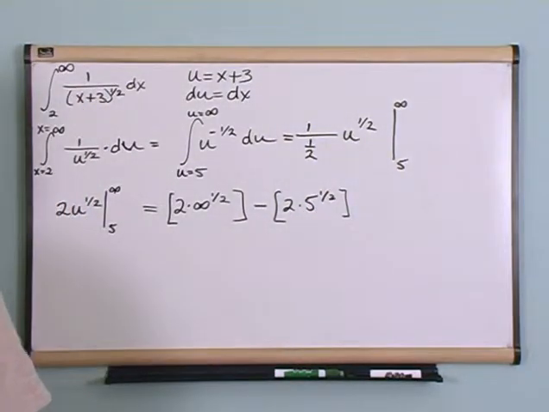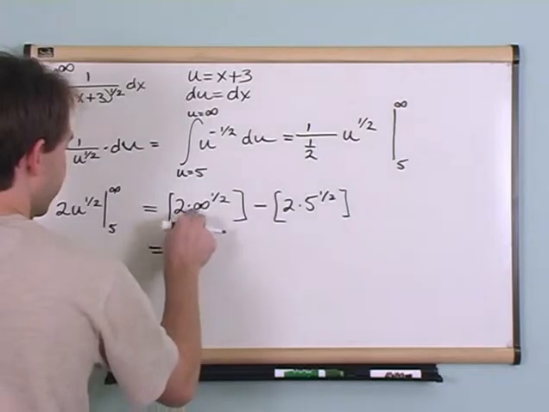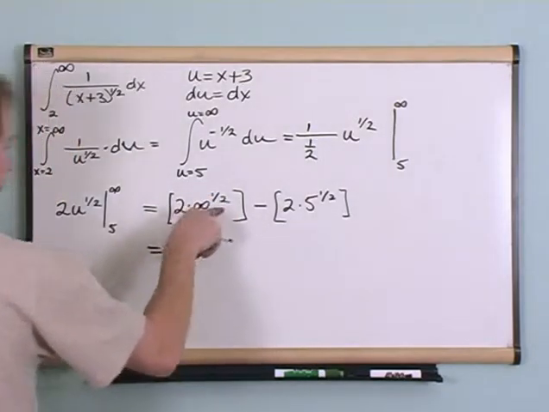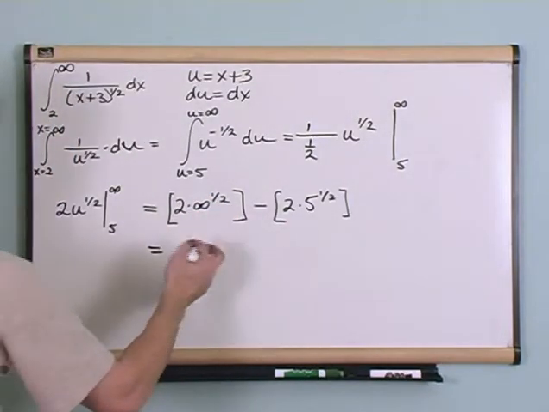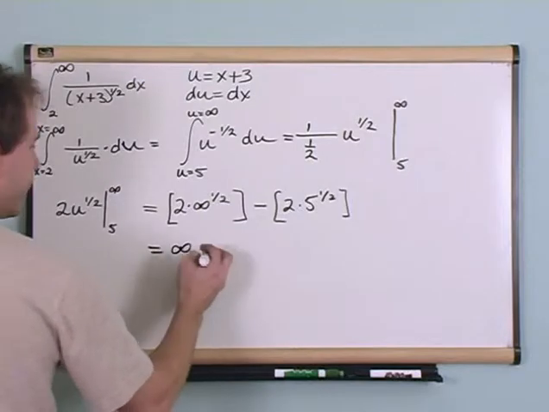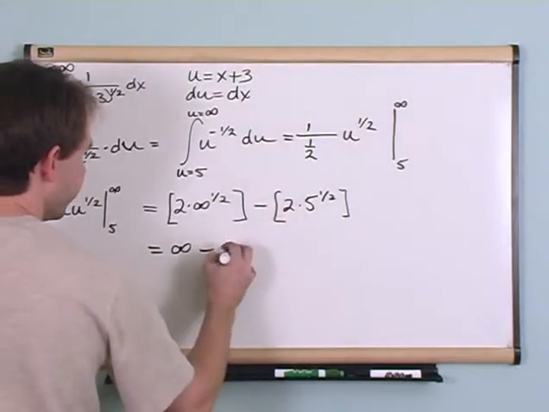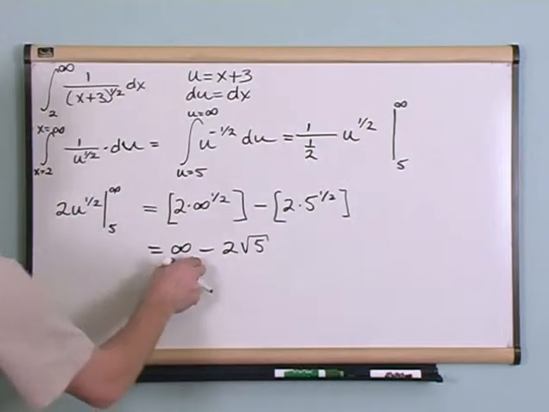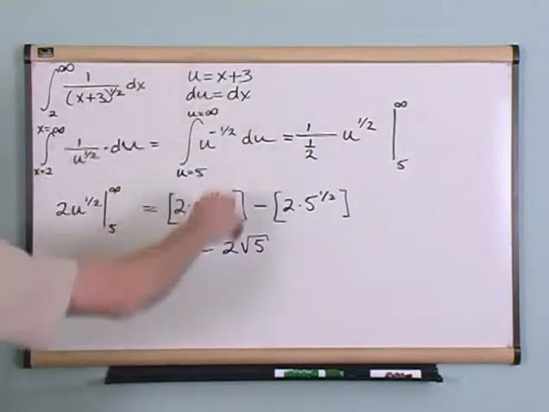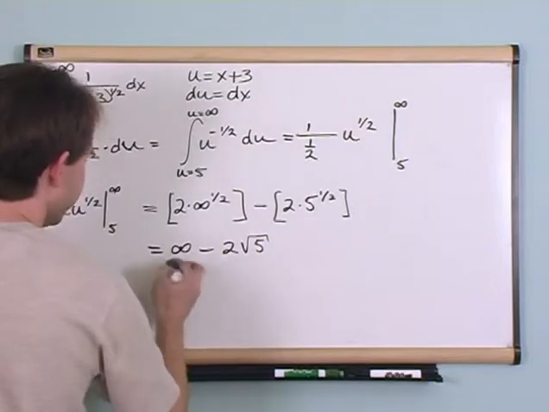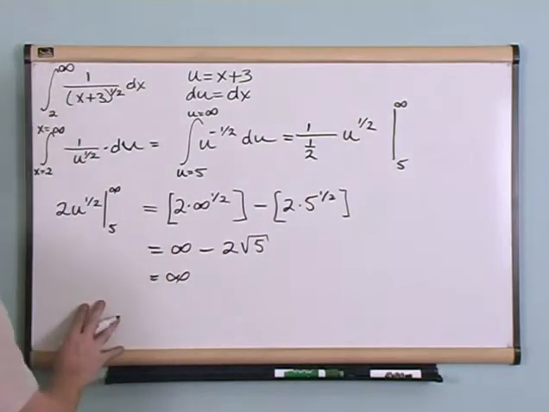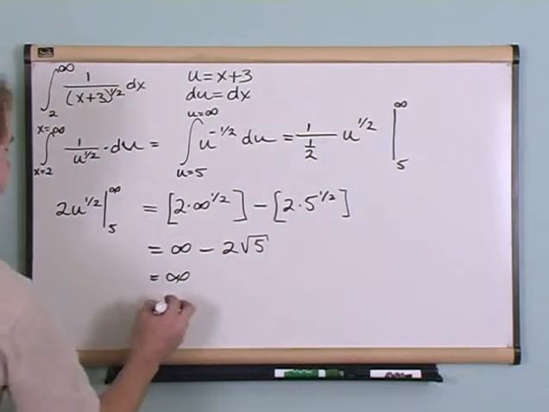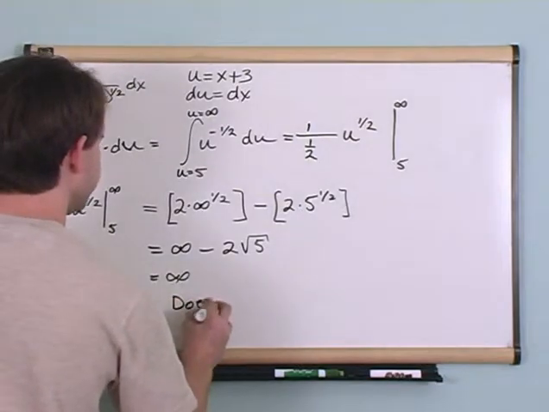So what you will have here is infinity, because the square root of infinity is still infinity. And then here you'll have some small number, 2 times the square root of 5. Infinity, which is an infinitely large number, minus this pretty small number, is still going to give you infinity. So in this case, you say that this integral does not converge.